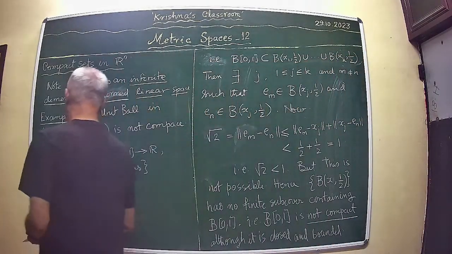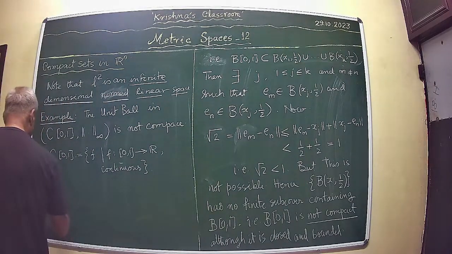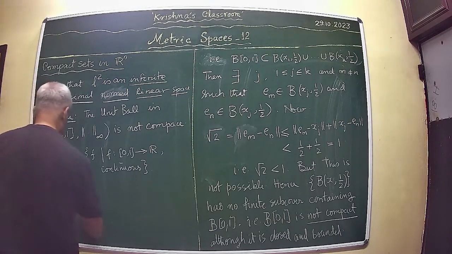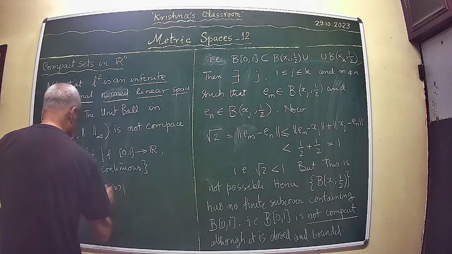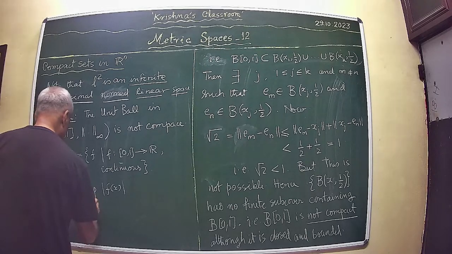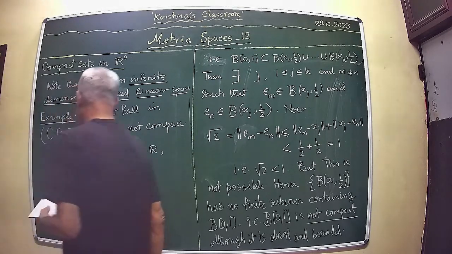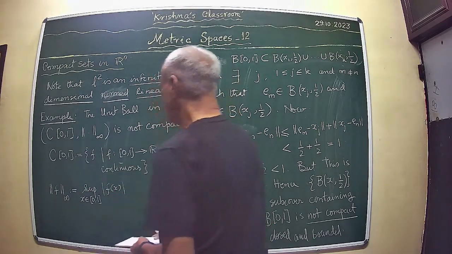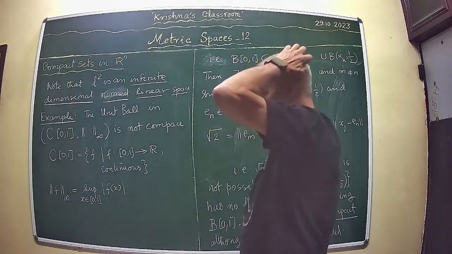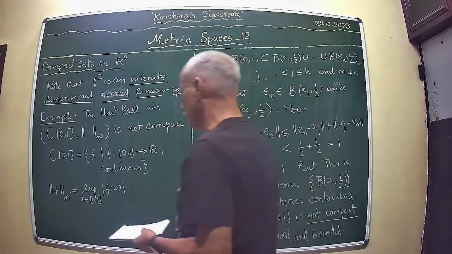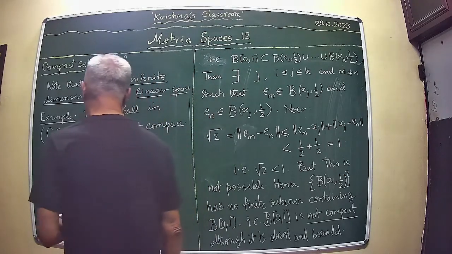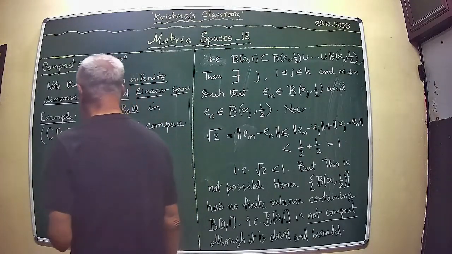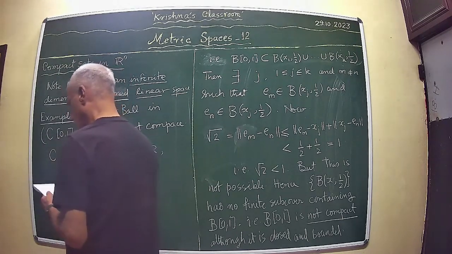Now we define the norm infinity, which exists, and this is a norm on this class. This is what is called the sup norm. And now, what is the unit ball? The unit ball is the following.